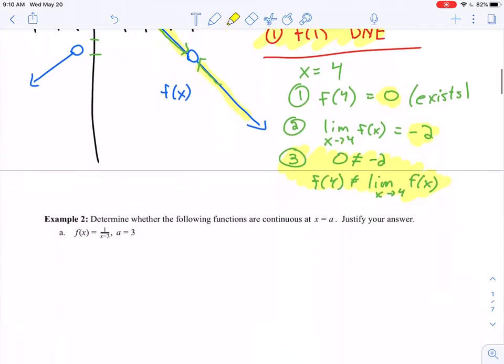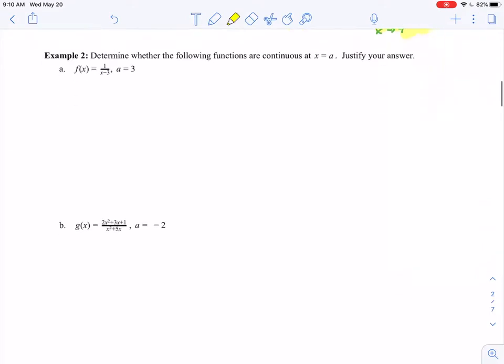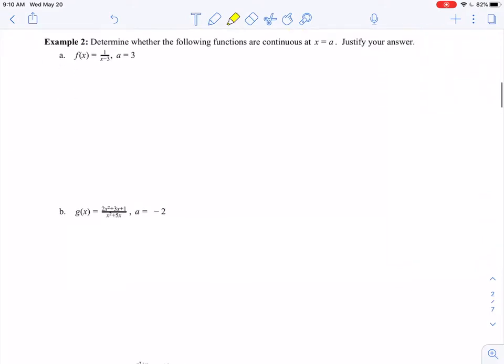So let's look at one more example here in this video. So here I have a few functions I'm going to take a look at, and I want to just determine if they're continuous at a particular point, justifying our answer, kind of giving a reason why. So here, part A, I have f of x equals 1 over x minus 3, and I want to test the continuity at a equals 3.